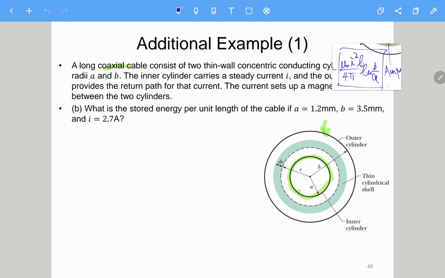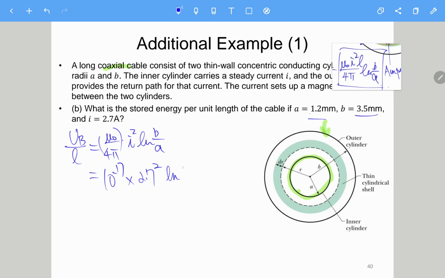Which means that if we put L to the left side, we will have UB over L, because it asks for the stored energy per unit length. So it will be mu naught over 4 pi times I square, no L anymore, and then natural log of B over A. This one is nothing but 10 to the negative 7, times I square is 2.7 square, and then natural log of B over A, so it will be 3.5 over 1.2.